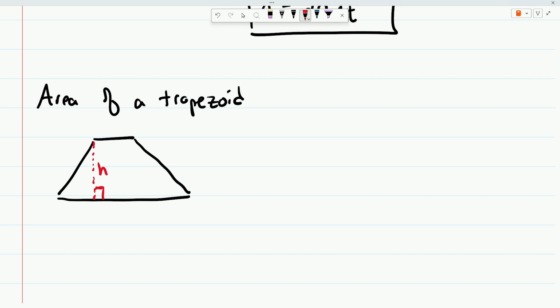We call that H. And if you notice here, we have 2 parallel sides that are not the same length. So we're going to call the bottom of it A and then the top of it B. So the area for a trapezoid is going to be 1/2 times the height times the quantity of A plus B.